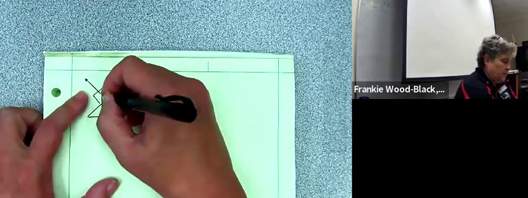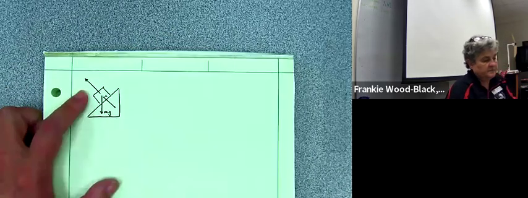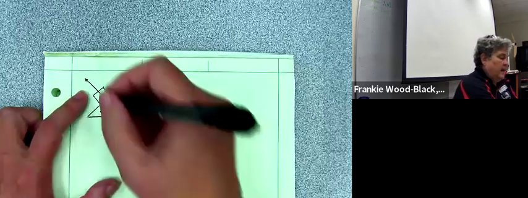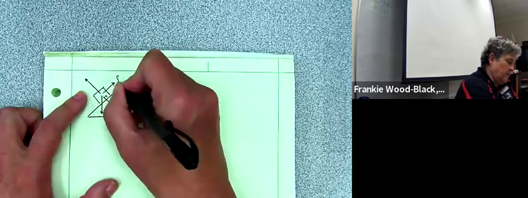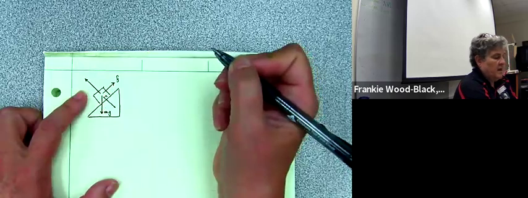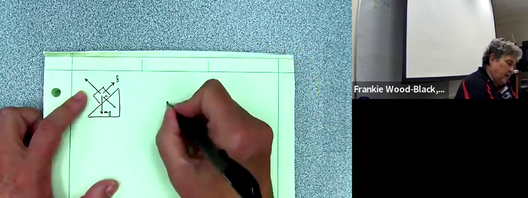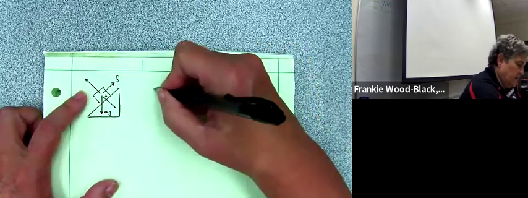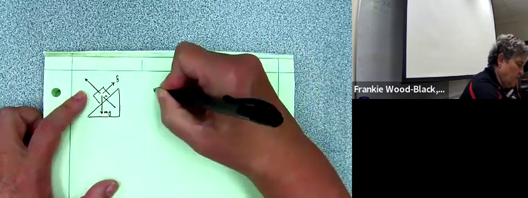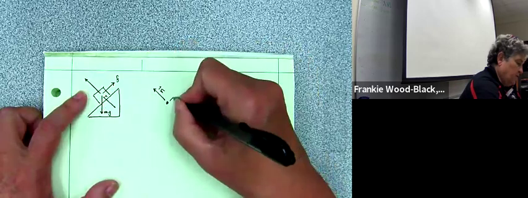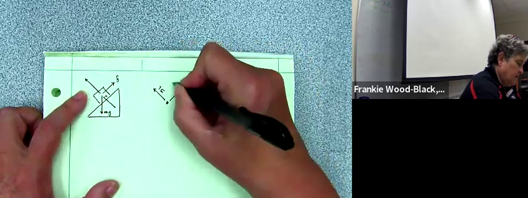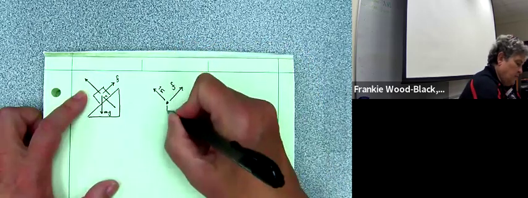And that force is going to be perpendicular. And then if I have a force due to friction, it's going to be holding it up. So my free body diagram is going to look like this. This is my normal force, my force due to friction, and my force due to gravity.